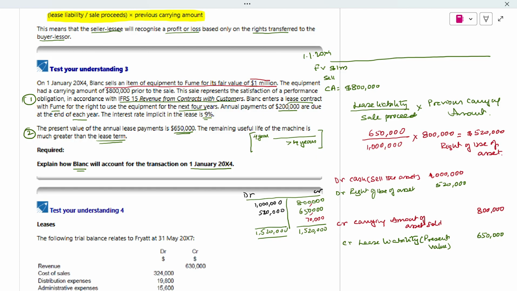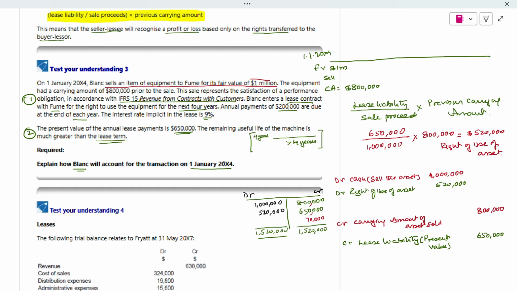Credit is 800 and 650. The difference is 1 million plus 520 minus 800 minus 650, which is 70,000. What is this? I will not tell, you have to tell.